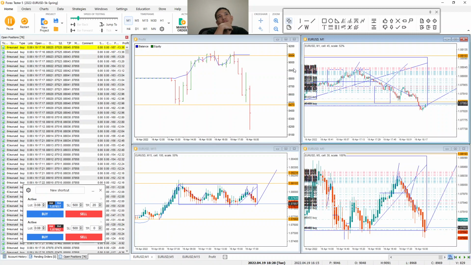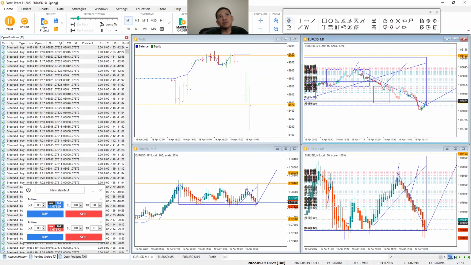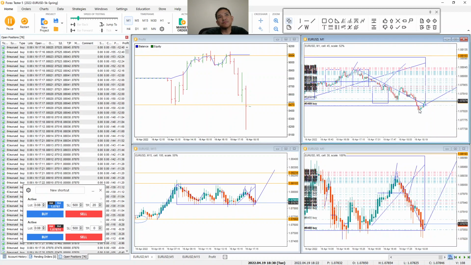It's holding. It's not breaking. It's holding this range. So this is a good sign. If I add to the buys, I add to my risk.